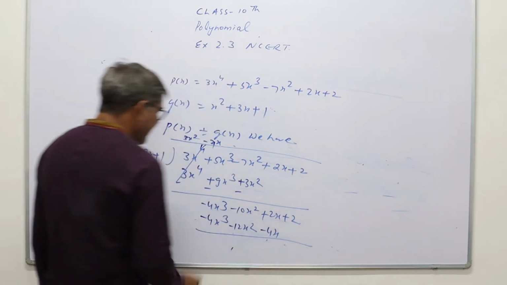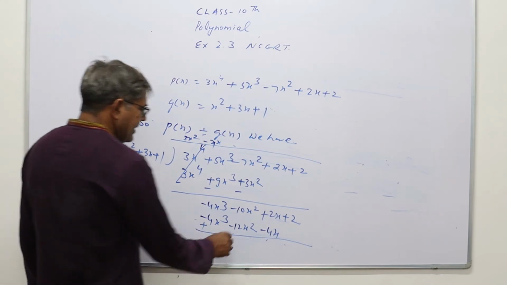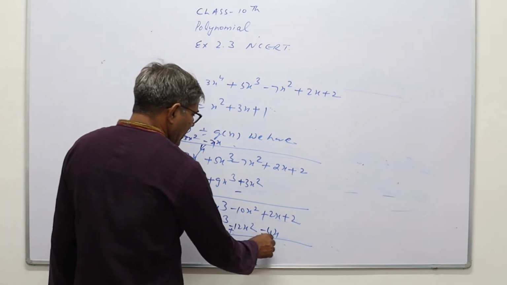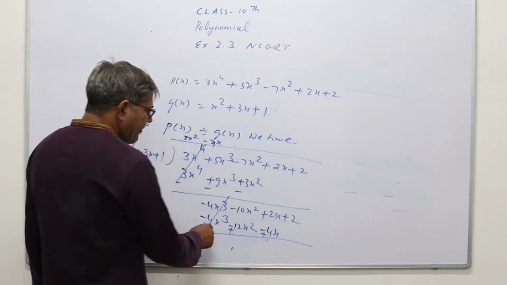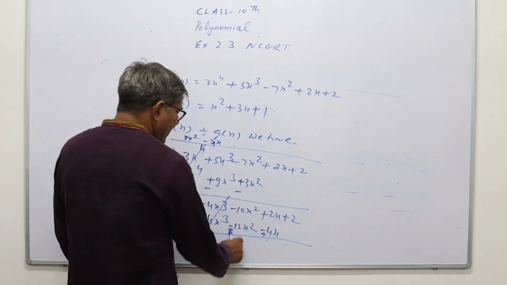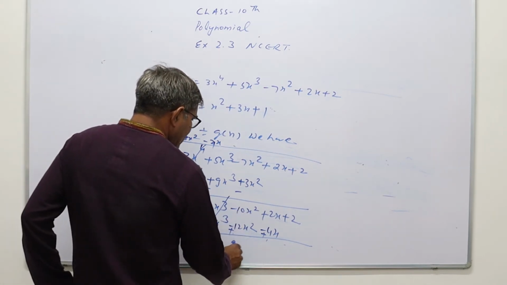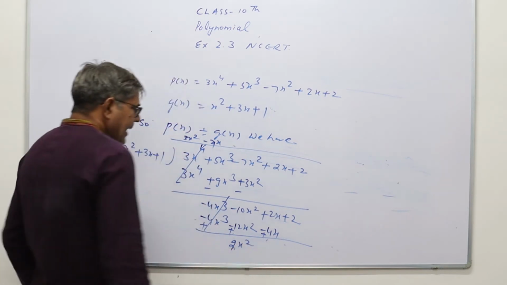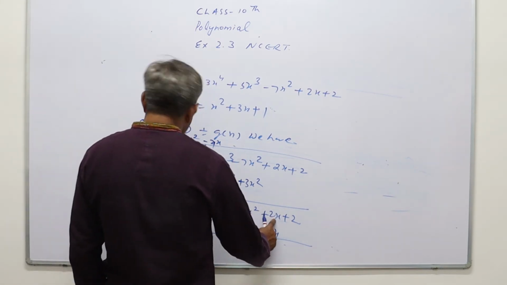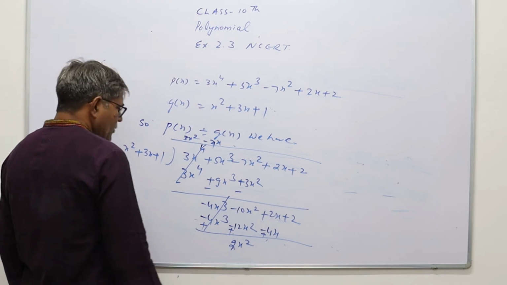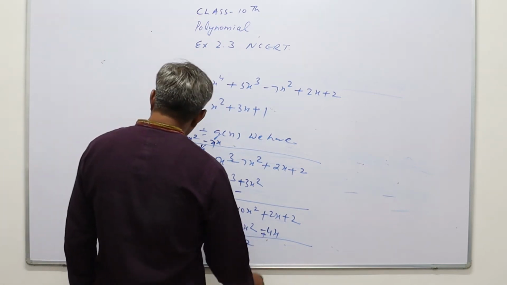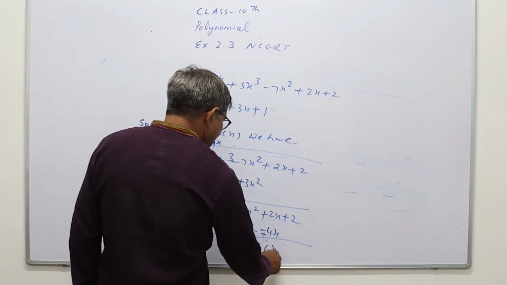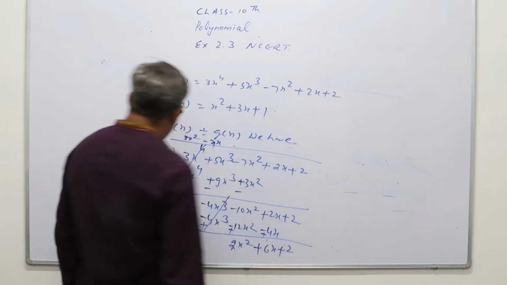On subtracting, this will be plus, this will be plus, and this will also be plus. So these two terms will be cancelled out. Minus 10x square plus 12x square, that is 2x square, and plus 2x plus 4x, that is plus 6x plus 2.